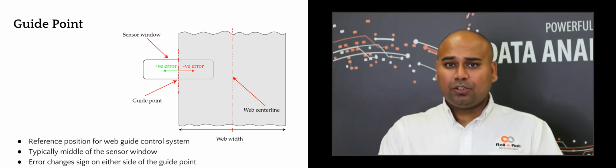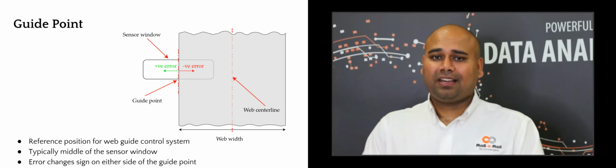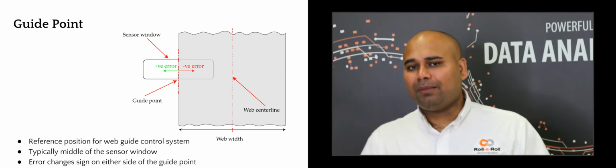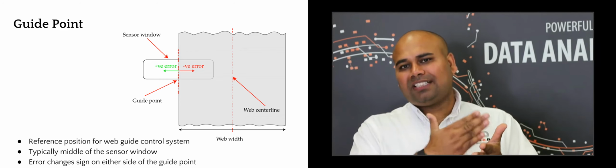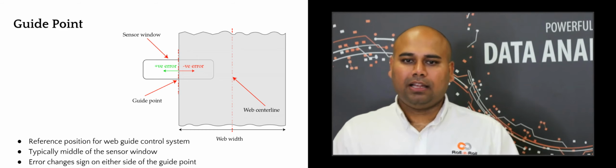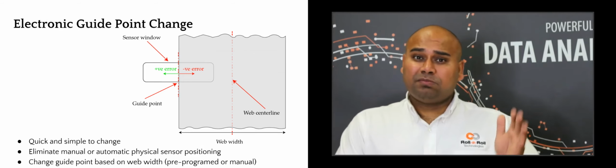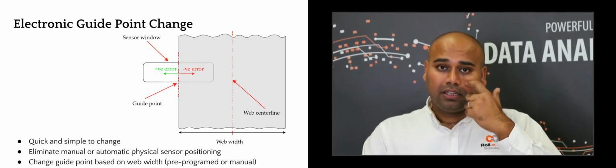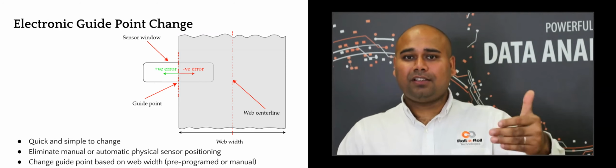Based on the magnitude and the direction of the error, the control system sends the command to the actuator to move the web guide. And most often, the guide point or the reference is in the middle. In this case, it's 5, like I mentioned. Now, instead of moving the sensors manually, what can be done is actually move the reference within the sensor.